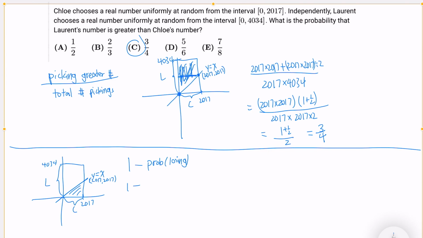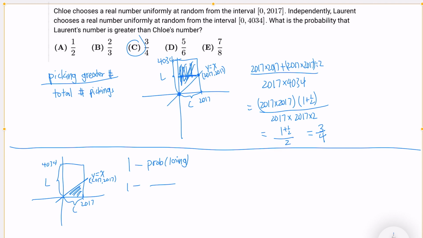And then the small triangle that's shaded right here, this is the region where Laurent's number would be less than Chloe's number. And so all we have to do now is just to figure out the area of the small triangle as well as the area of the whole rectangle.